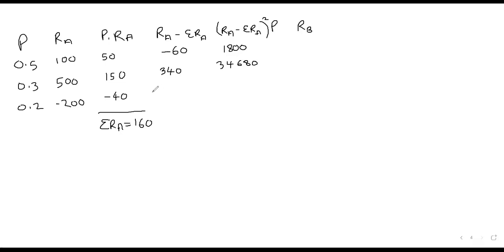And here what do we have? Negative 200, negative 160. What do we have? Negative 360. So what do we do when we square that? And we multiply by 0.2. And 5,920.